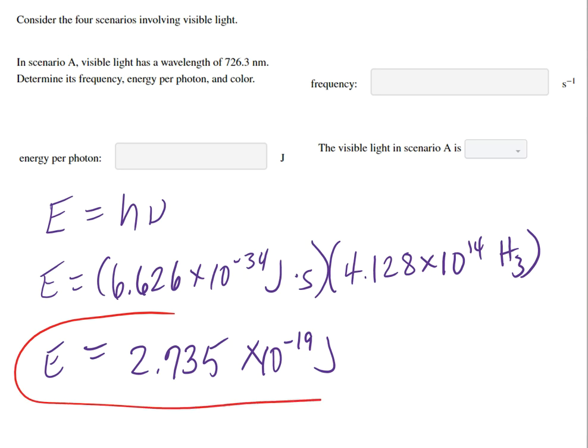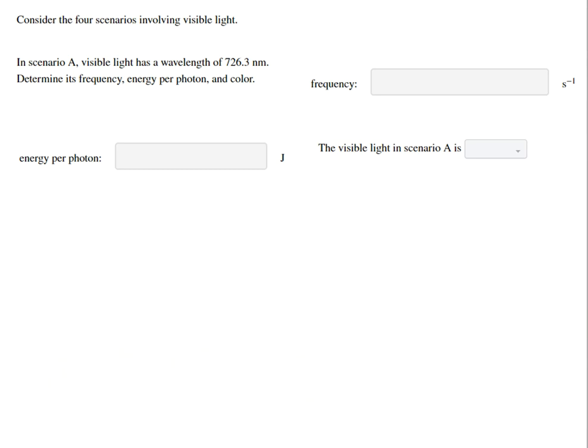So that's our energy. But let's say you decided to do the energy first and you didn't know the frequency. Clearly we just calculated it, but if you did the energy first and only knew the wavelength, because we know the equation E equals h nu, and we know the equation c equals lambda nu, there is a relationship between the wavelength and the frequency.